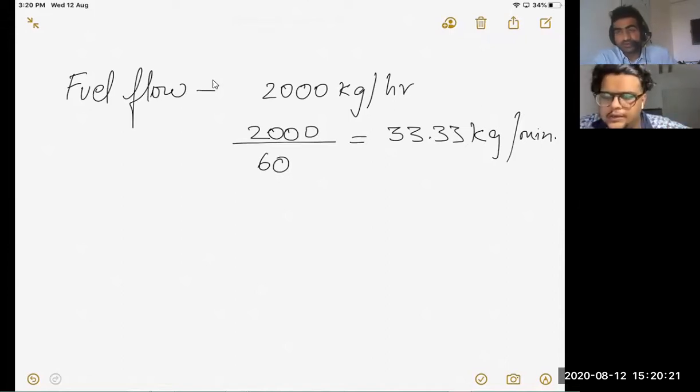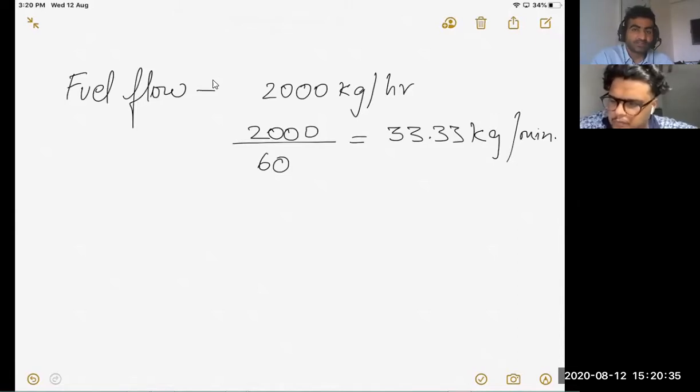Write it down. Thumb rule number one for today: when you have to convert hours to minutes, divide by 60. And point number two: when you have to convert minutes to hours, multiply by 60.